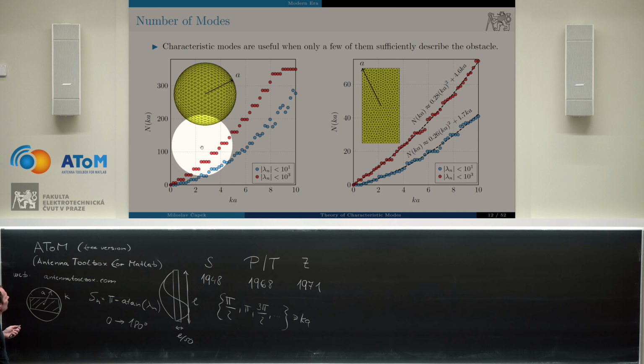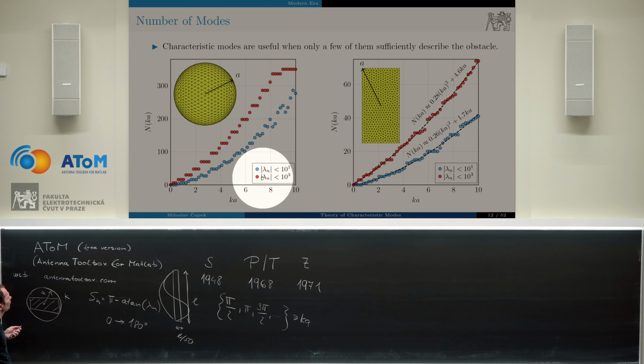Both obstacles are perfectly conducting. And together with that, I'm depicting the number of characteristic modes with a magnitude smaller than either 10 or 1000. And this depends on the electrical size. So you can see that, for example, for a sphere, the number of modes which are modally significant can easily be in the hundreds for Ka above 6. And for a rectangular plate, it's also a pretty rapid increase.